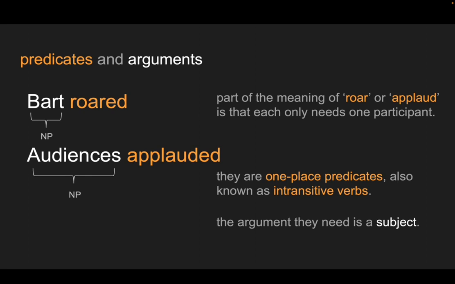Yeah, they might be applauding about or for something, but you can applaud and applaud for nothing. It's just this weird practice of clapping your hands together, right? So one-place predicates only require a subject, not a direct object. And again, this is part of the fundamental meaning inside the verb, which is the root or the base of these predicates.